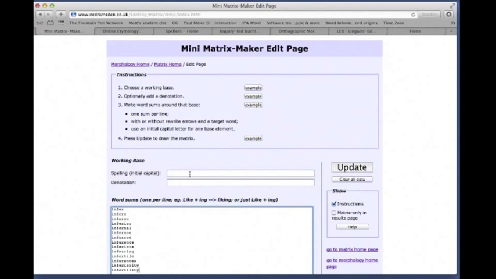Then I'm going to work with them. I'm suggesting my base is FER, and notice the instructions are that I have to use a capital for the base. And we said this was from the Latin for carry, bring, so I can put that denotation in there.